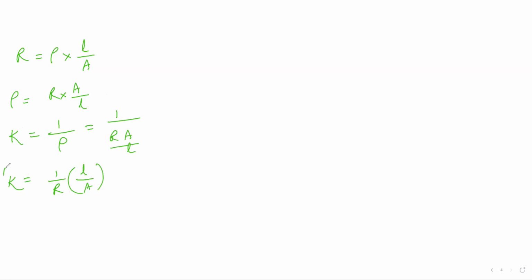Resistance is equal to rho into L by A, so rho is equal to R into A by L. Then specific conductance kappa is equal to the reciprocal of specific resistance, 1 by rho, which is 1 by R A by L. Or kappa is equal to finally 1 by R into L by A. So this is the specific conductance formula.